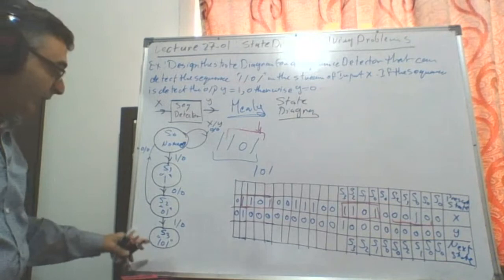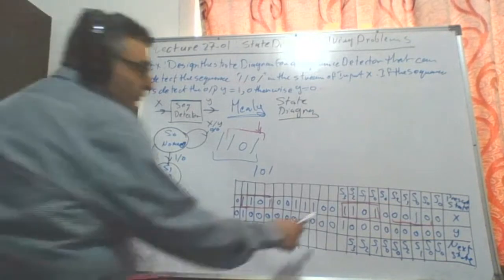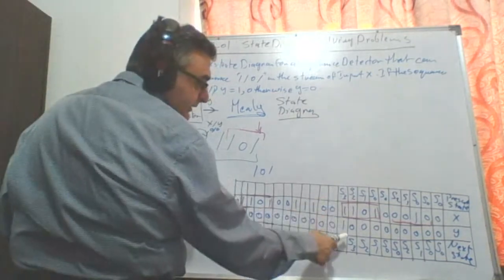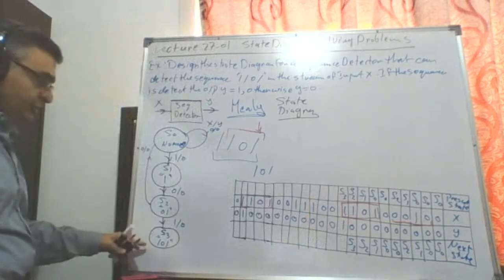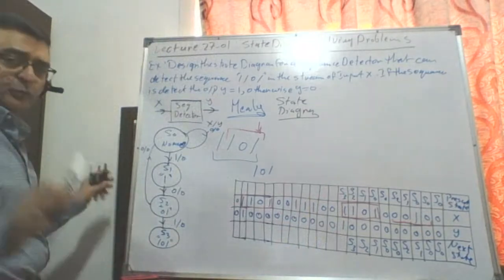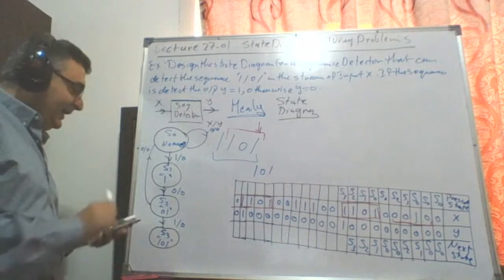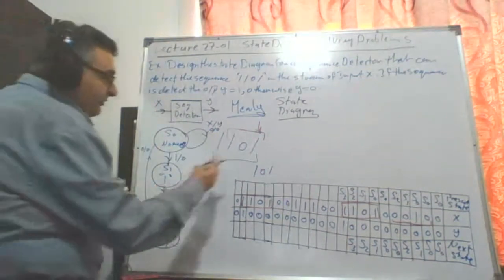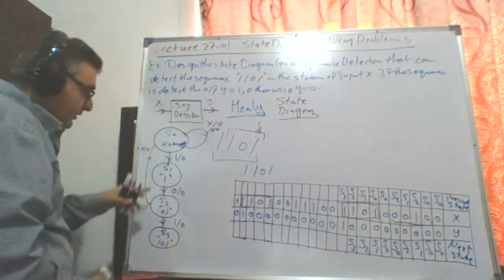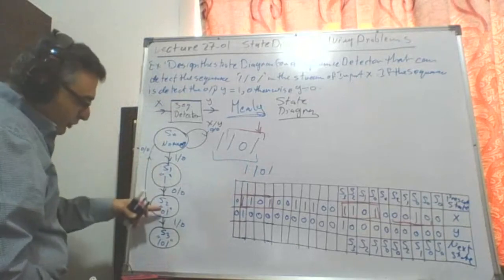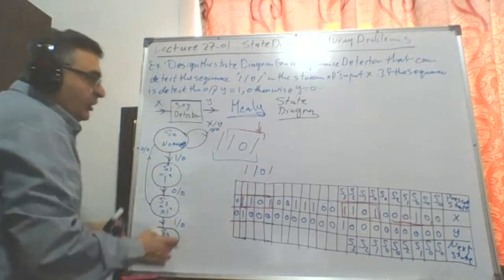Now, where to go? This is the point. If I know that the arrow for x equals to 1 after S3, the output will be 1. But the question here is where to go. Now I have the sequence is completed: 1, 0, 1, and 1.